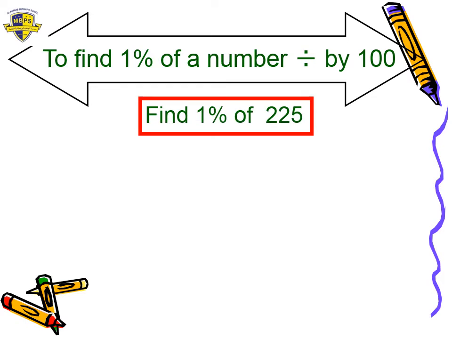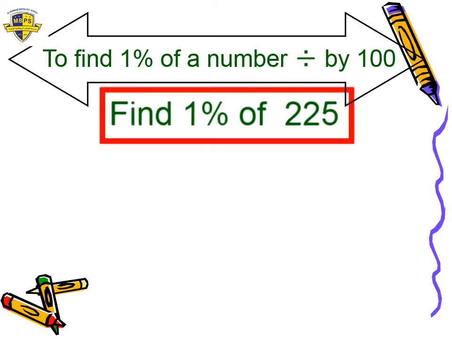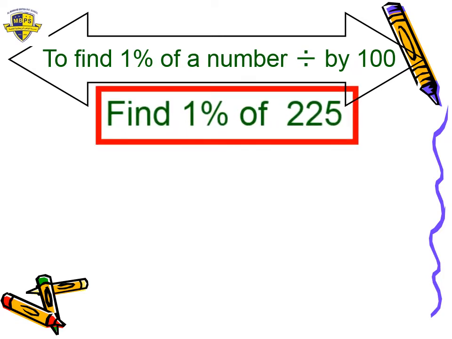Let's solve this example. We want to find 1% of 225. The rule tells you that this number 225 is divided by 100. So how will we divide 225 by 100? Okay, remember the decimal place in the whole number. If I ask you 225, where is the decimal place?